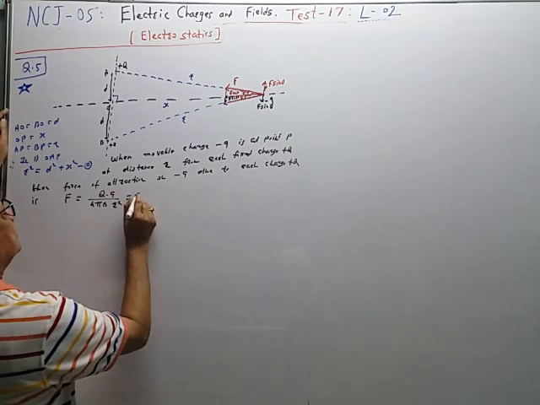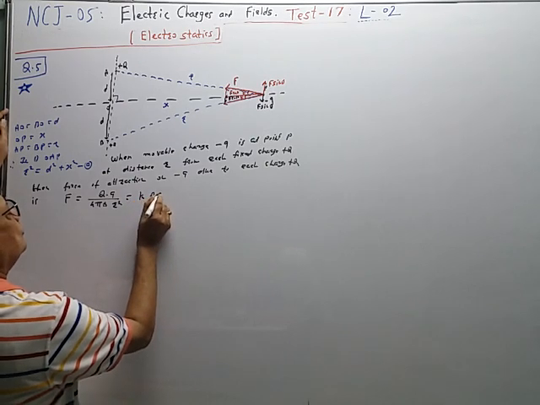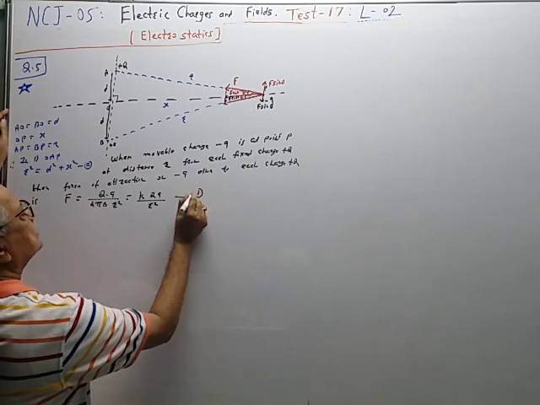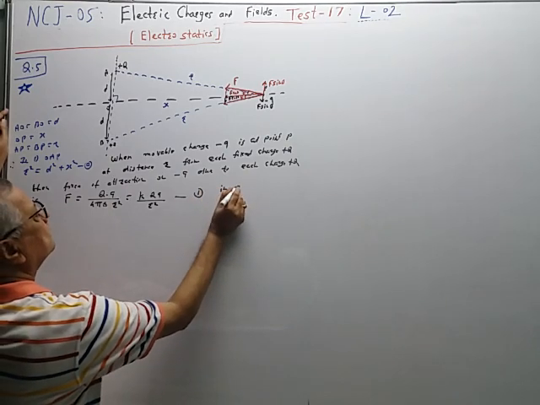So this is equal to k into Q q upon r square. This is equation 1, in magnitude.